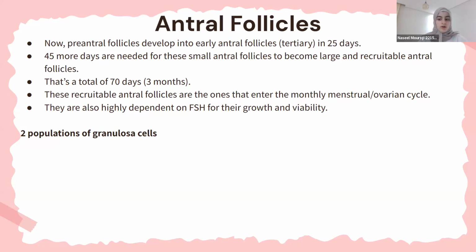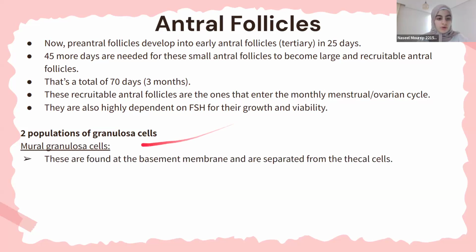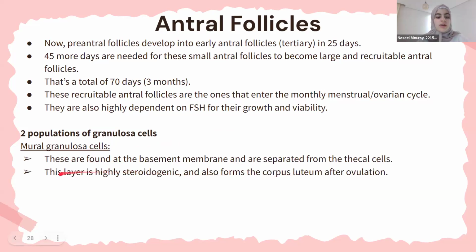Mural means wall. So the mural granulosa cells, the ones towards the basement membrane, are found there and are separated from the theca cells. This layer is highly steroidogenic and also forms the corpus luteum after ovulation. Of course, because that's the one that's away from the oocytes, so it won't go with the oocytes at ovulation. And this is the layer that mainly secretes the hormones.